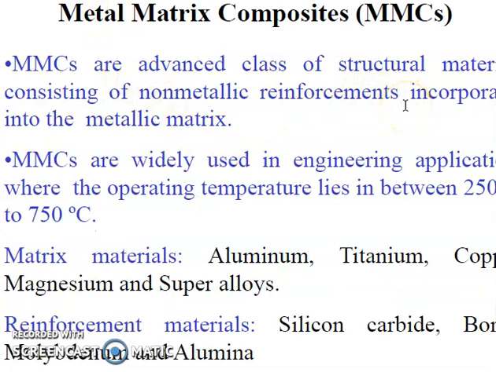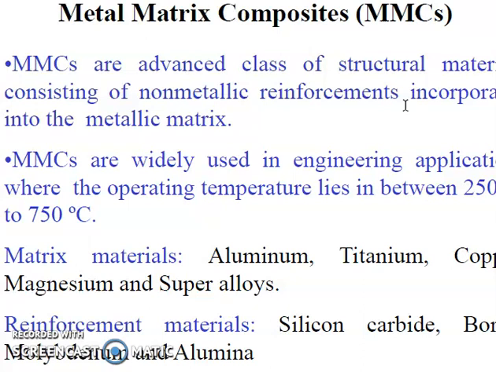In the case of metal matrix composites, the material of the matrix is a metal, but while selecting the matrix material, an attempt is made that the metal should have lighter weight and strength. Metal matrix composites are an advanced class of structural material consisting of non-metallic reinforcement incorporated with a metallic matrix.